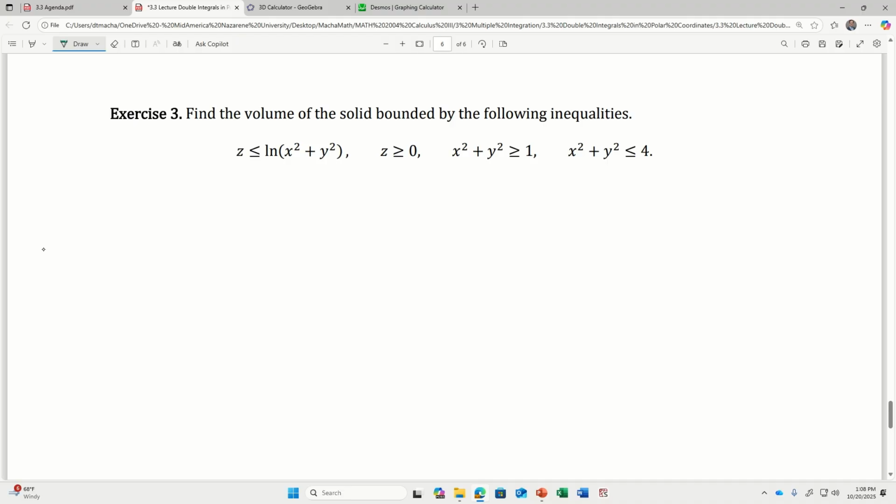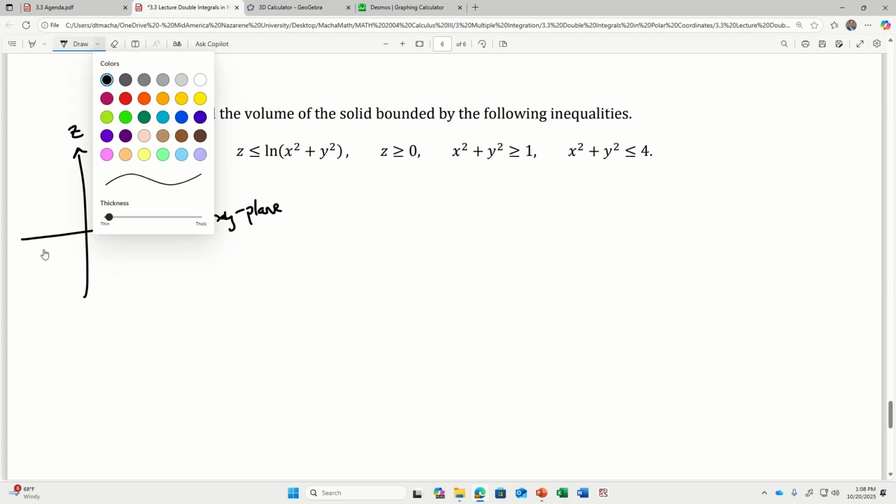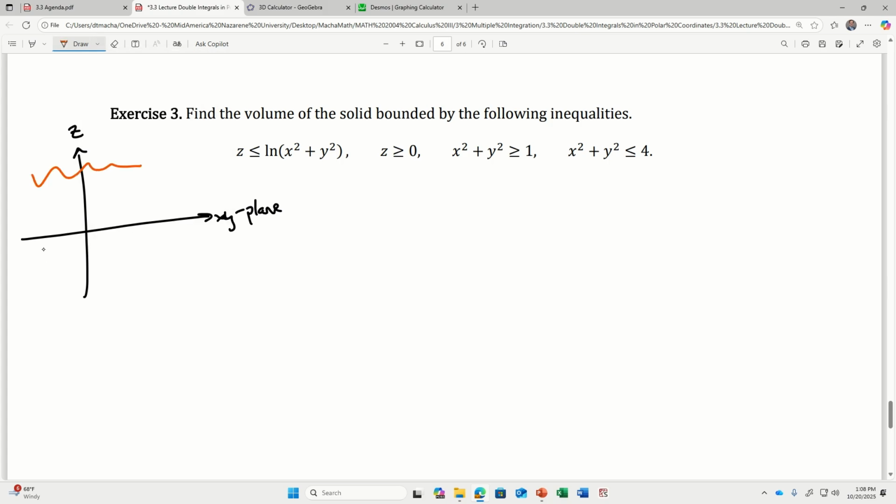Find the volume of the solid bounded by the following inequalities. Got a whole lot going on here. I know that if I have a z-axis and an xy plane, there's going to be some kind of surface on top, and then the bottom is going to be z equals 0.